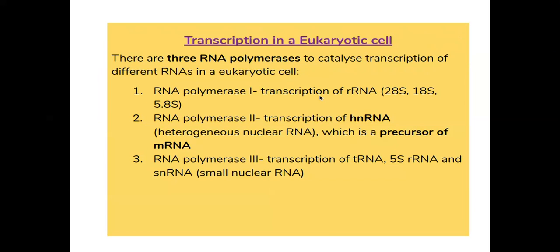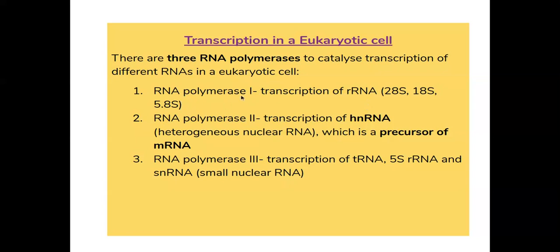Now coming to eukaryotes. In eukaryotes, the same three steps apply: initiation, elongation, and termination, but there are further steps for processing. We'll look at those steps. Also important to note that in eukaryotes, there are different types of polymerases to catalyze the different types of RNA. In your book, you have these different polymerase enzymes listed, and you have to know which RNAs they catalyze.